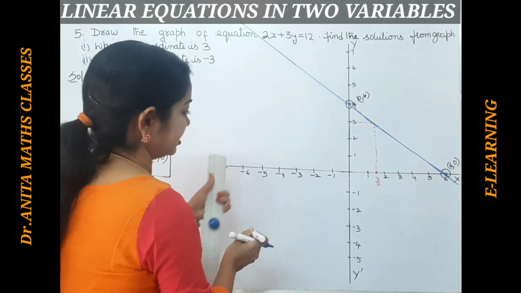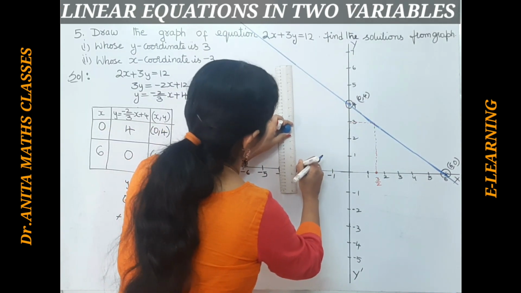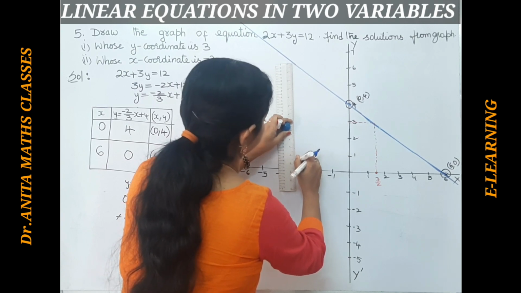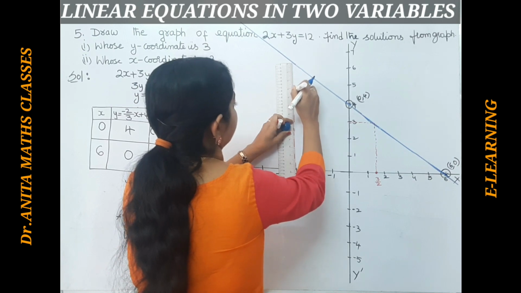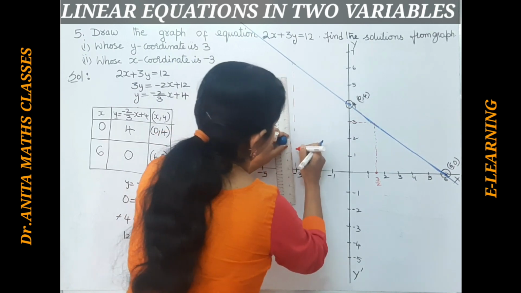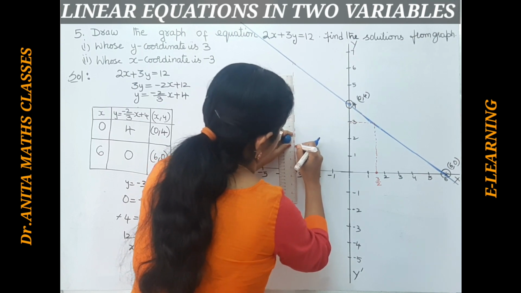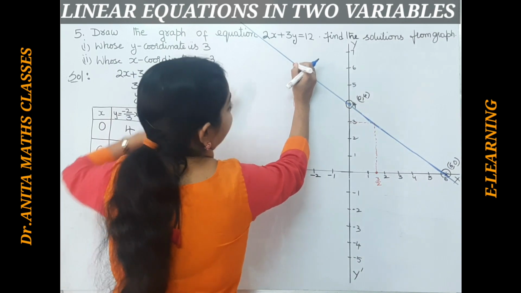When it is -3, draw a line from -3 so that it will touch the graph somewhere. Dotted lines. I am drawing the dotted lines so that it will touch the graph at some point.